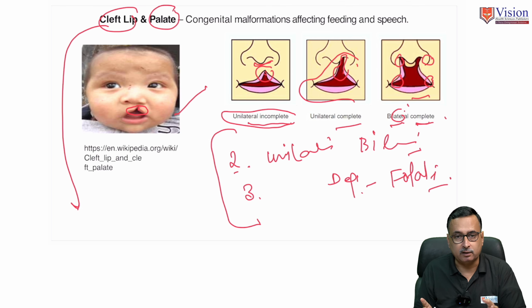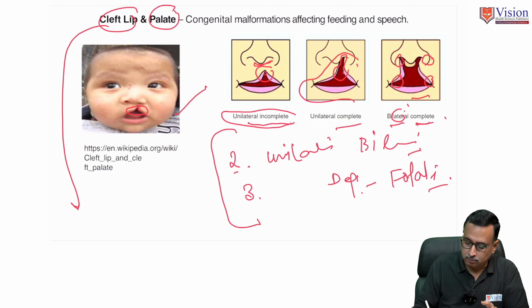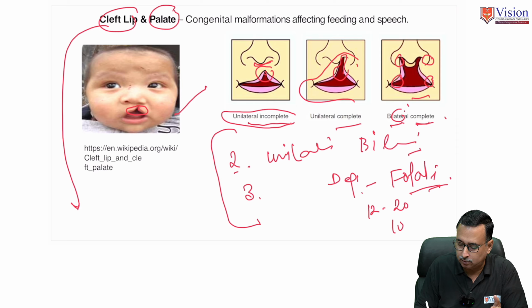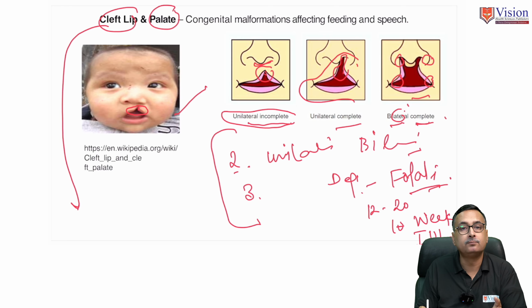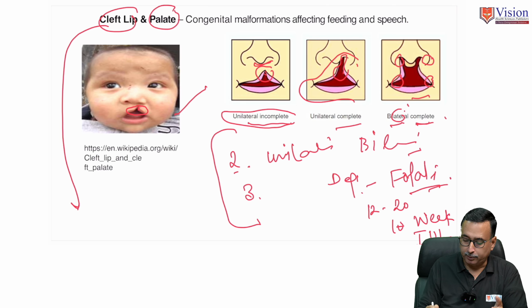It is a congenital defect. Mostly cleft lip and palate manifest during the 12th to 20th week of intrauterine life. So the most common cause is folate deficiency.